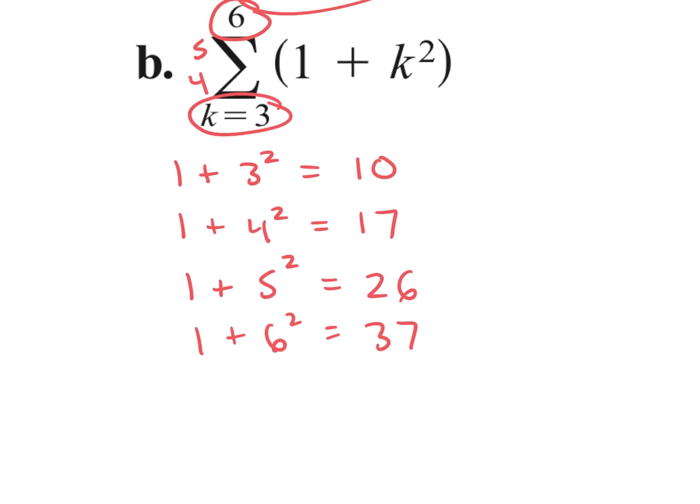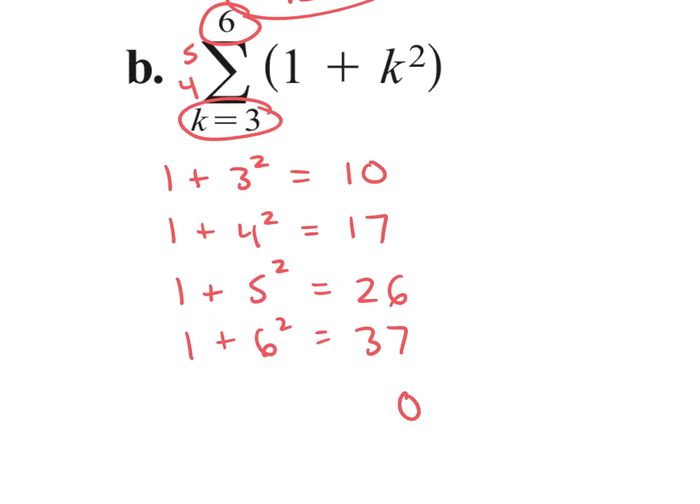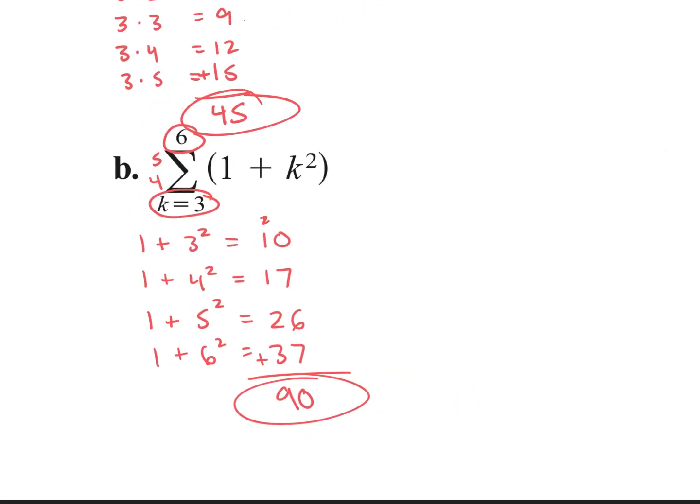And add them all up together. 90. Yep, 90. So again, you guys can use your calculators for all of these, but just make sure you are showing your work.